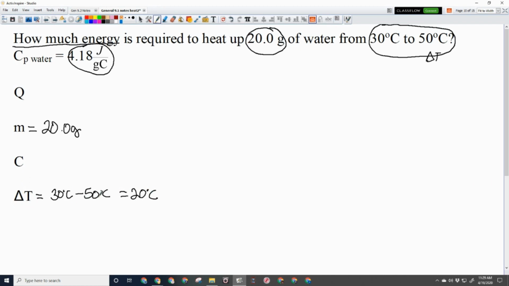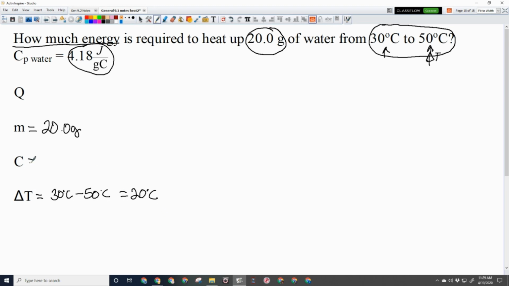So it's the difference between your beginning temperature and your ending temperature. So delta T is the change in the temperature, which is 20 degrees Celsius.